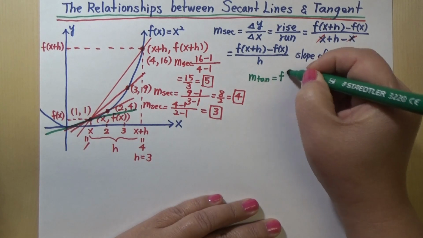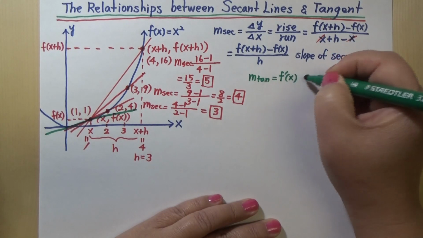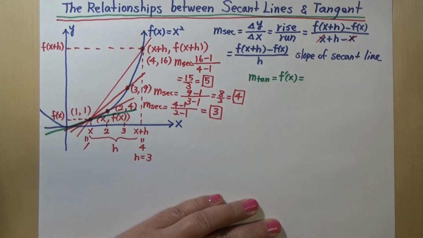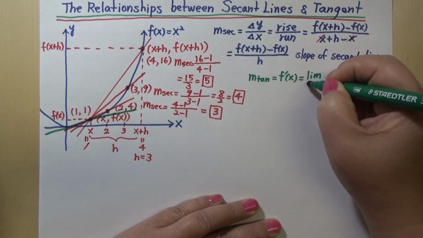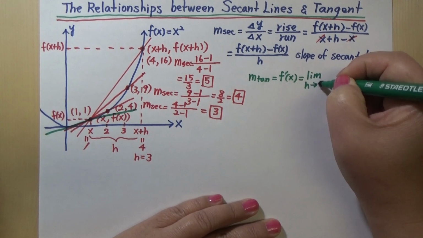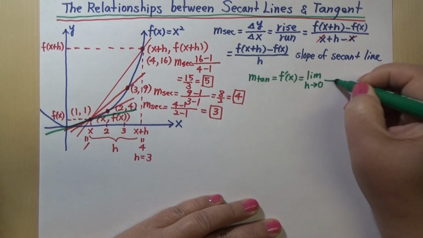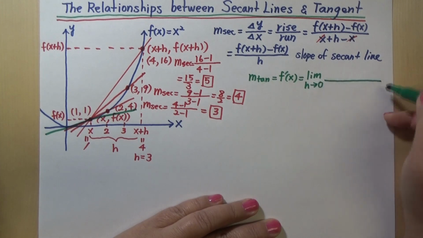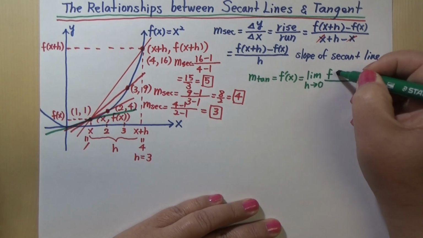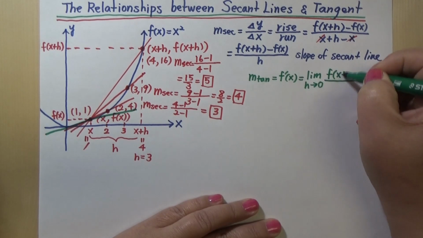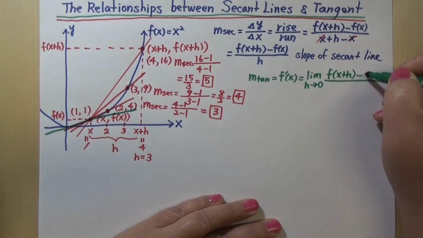So the derivative of f of x is equal to, we're going to use a limit as h approaches 0 of f of x plus h minus f of x all over h.